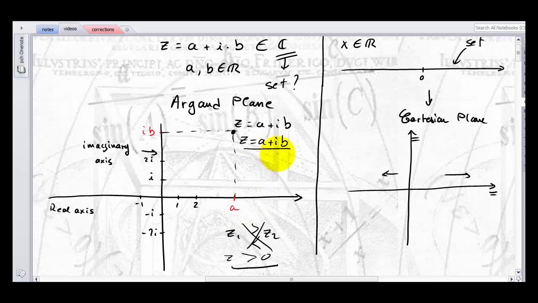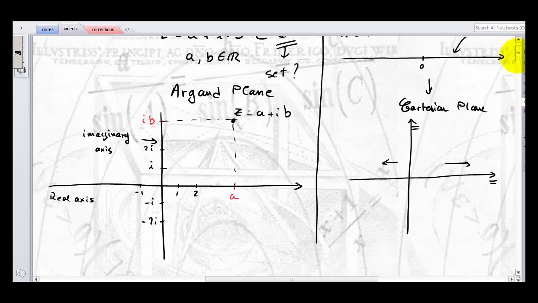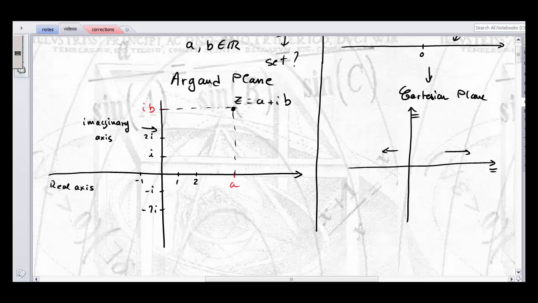The first geometric result is kind of interesting. If here is the number z equals a plus ib, where is its conjugate? Its conjugate is going to be a minus ib, so you go fetch -ib on the imaginary axis, and a minus ib is right here, and that's z bar.